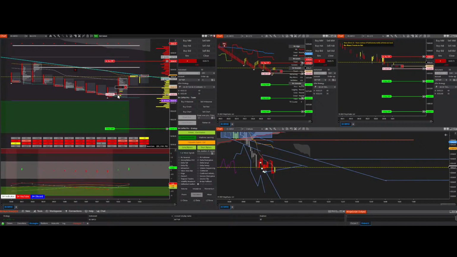We're on the bullish side after a squeeze. Got a little upside potential here.